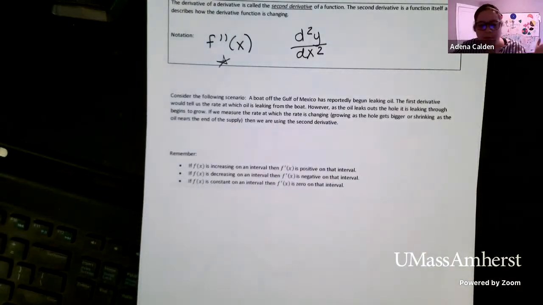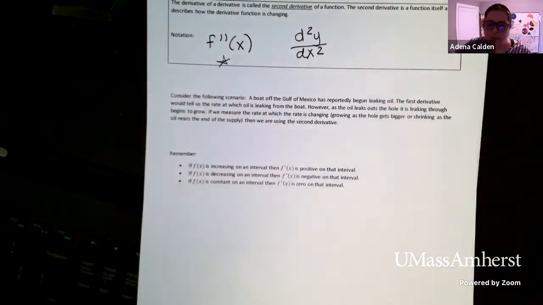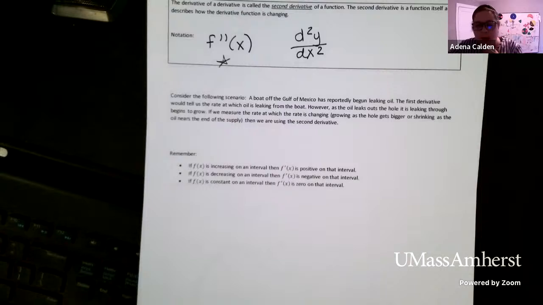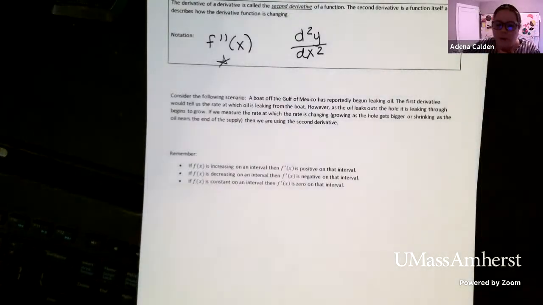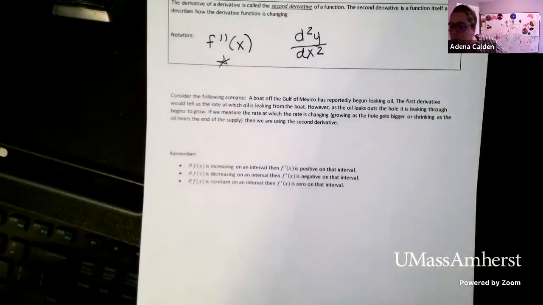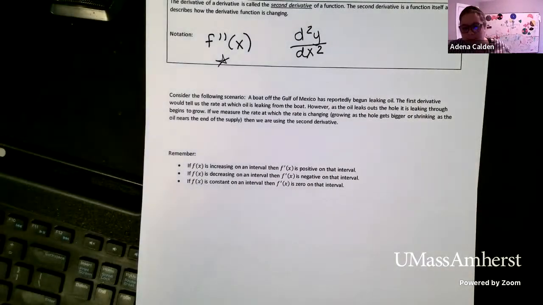Secondly, if the original function is decreasing on an interval, then the derivative is negative on that interval. If the original function is going down from left to right, we know the slopes of the tangent lines will be negatively sloped, so we know the derivative will be negative. And then finally, if the function is constant on an interval, then we know that the derivative is 0.